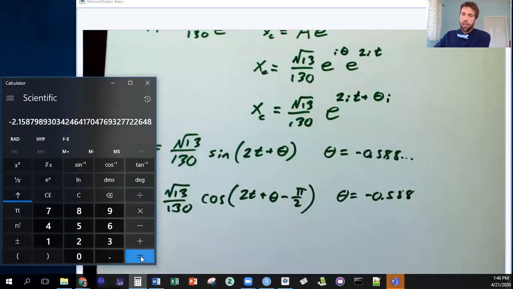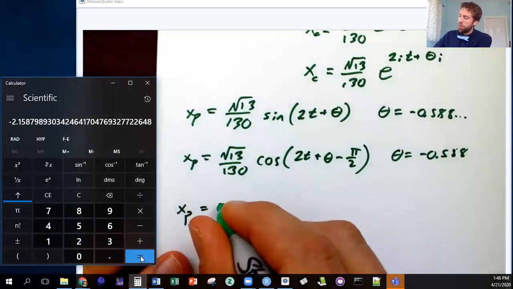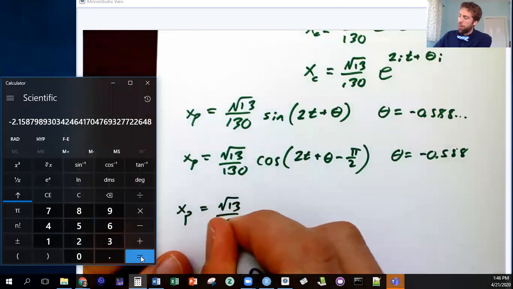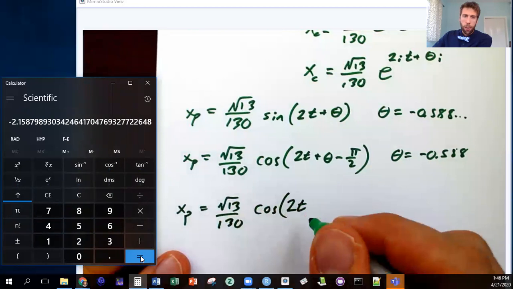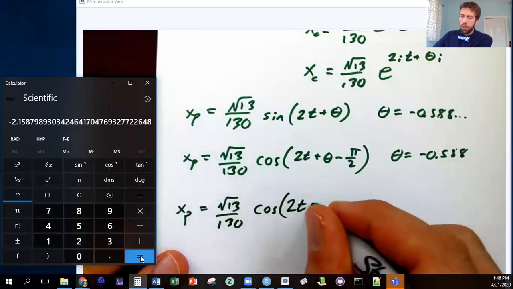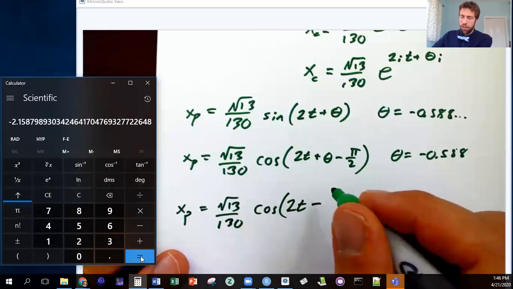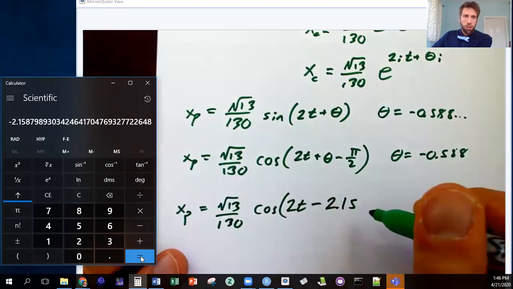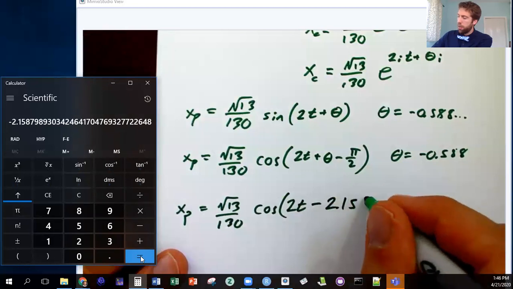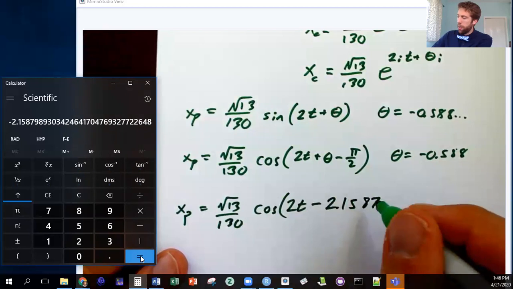So I can write my final solution as xp equals square root of 13 over 130 times cosine of 2t minus 2.158799.